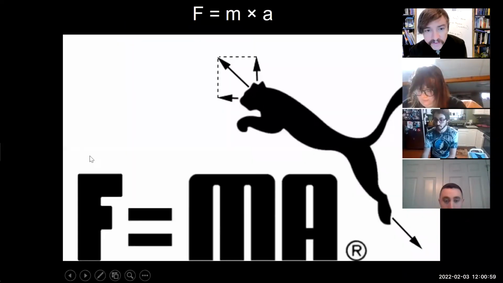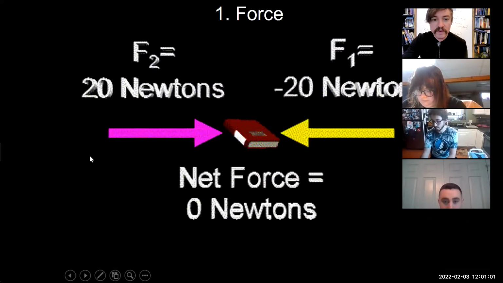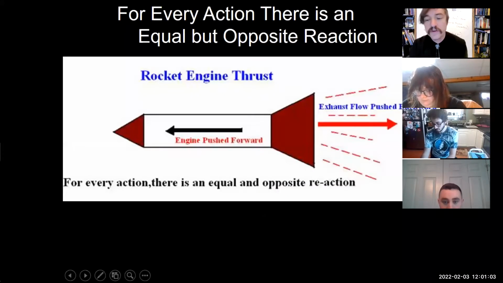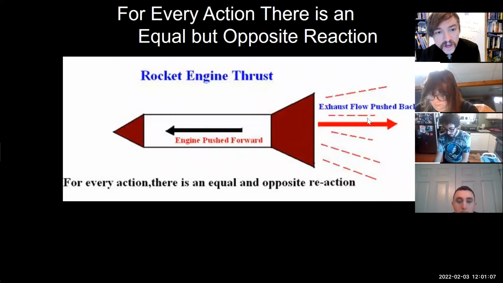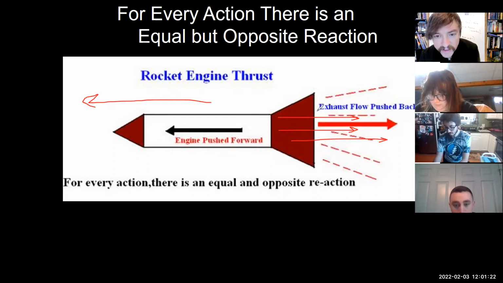A couple of often cited examples, they're kind of silly, but necessary to explain Newton's third law of motion, is to consider 2 different situations. In the case of a rocket engine, it creates thrust forward in the direction of the rocket's motion by sending some exhaust backwards.